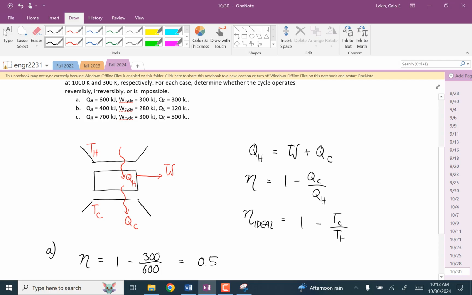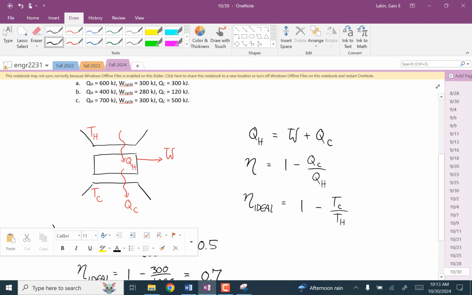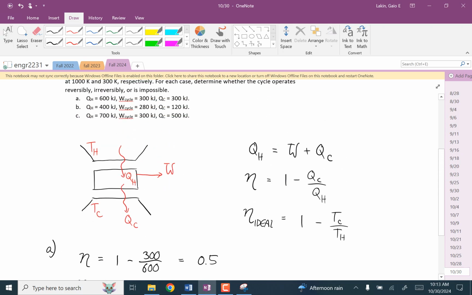This has to hold. For example, for part C, these numbers aren't possible because W plus QC is greater than QH. So that's another thing to check, but mostly you're just checking these ratios.